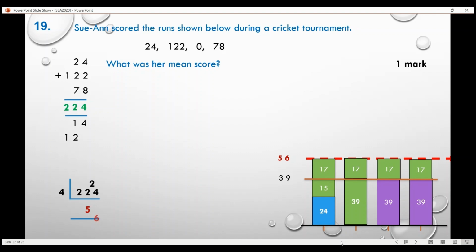And 4 into 24 is 6. So it tells us that her average score is 56. It's important for students to know on the right-hand side what is really happening before they go to do the numbers on the left. Some of my students actually do it on the right side and use that method because it makes more sense to them.